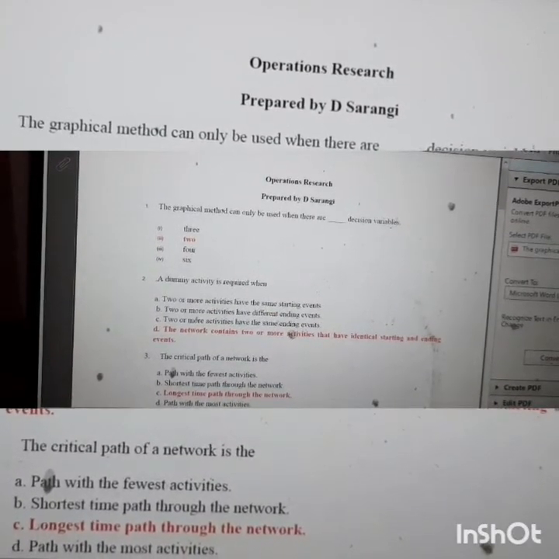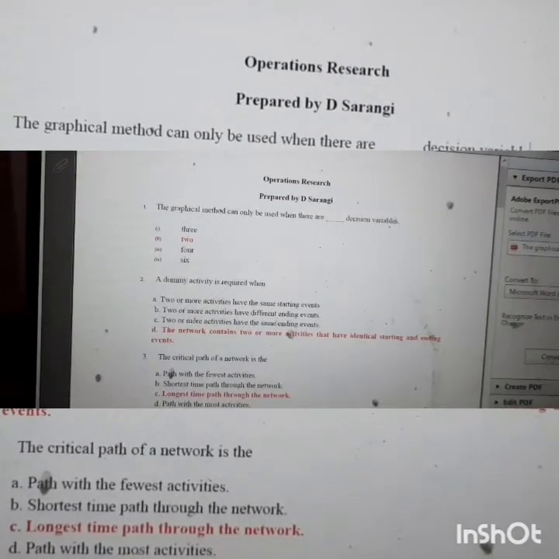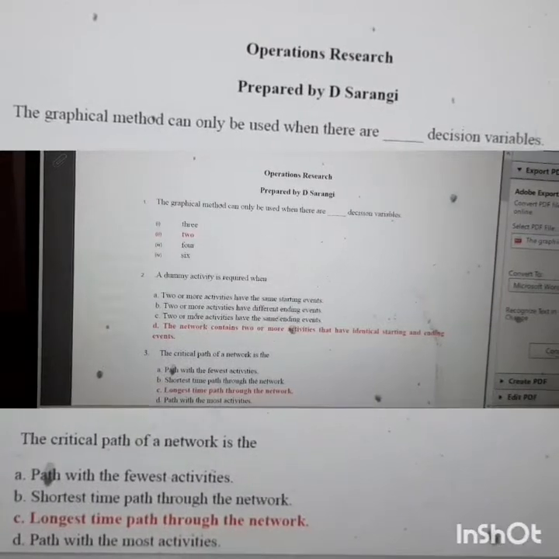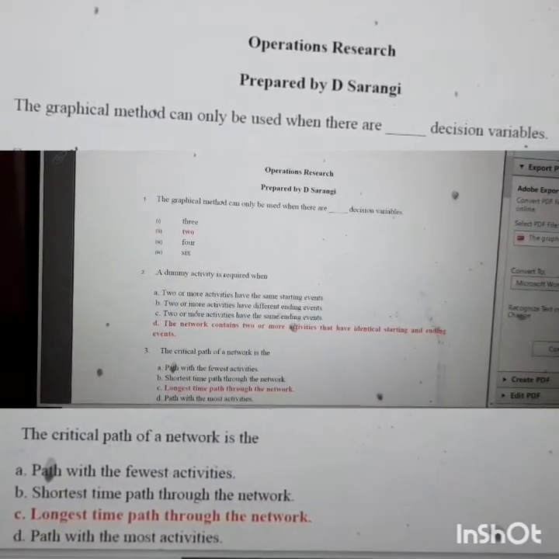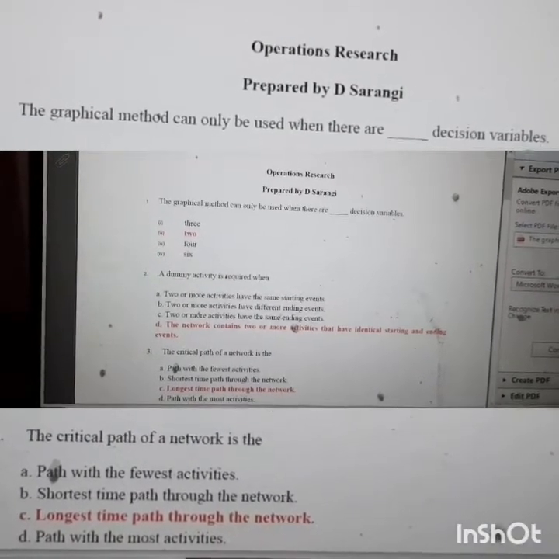That option is correct, because two or more activities cannot have the same starting and ending event. To make a proper network and to maintain the precedence relationship, we use this. So the correct option is option D.